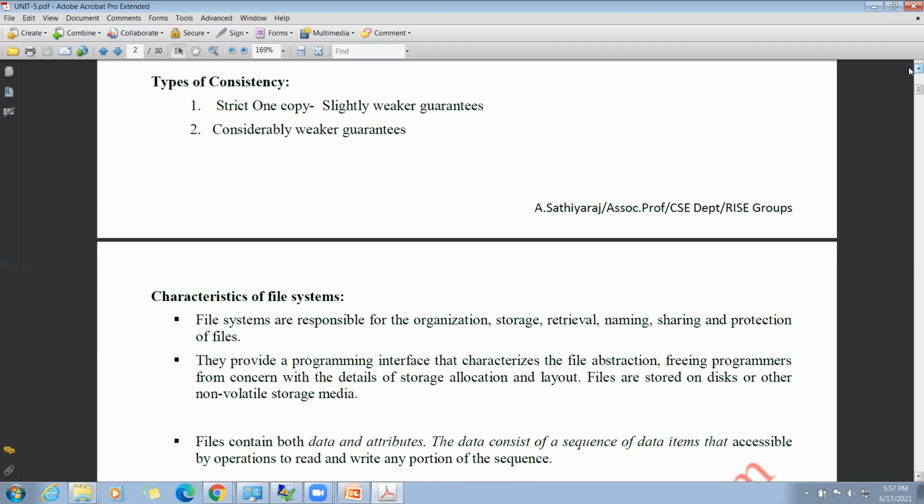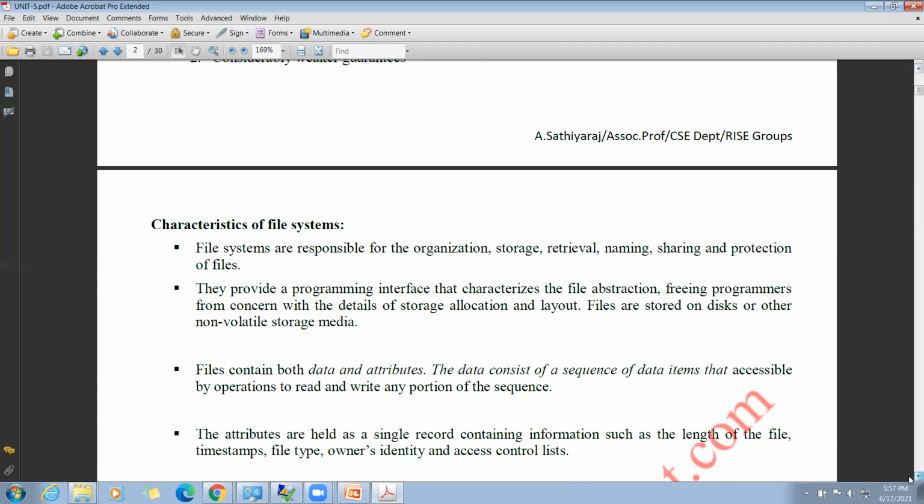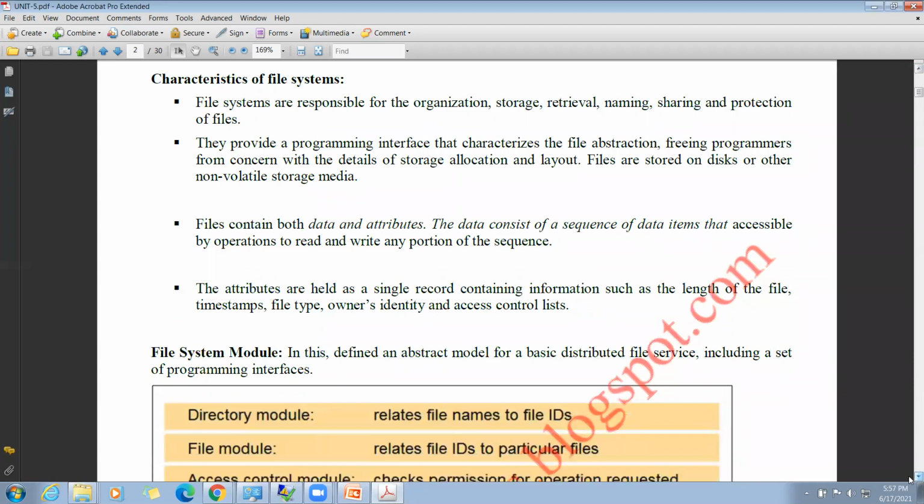Okay, moving to the next topic, that is characteristics of normal file system. This already we have discussed in operating system and as well as Unix. First one is for the file system characteristics. File systems are responsible for storage, organization, retrieval of data, naming, sharing and protection of files.